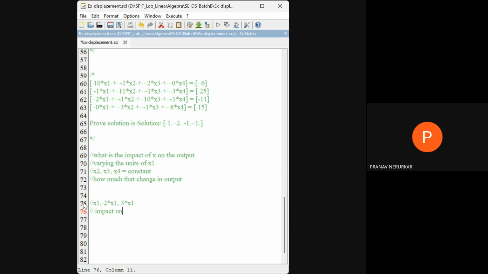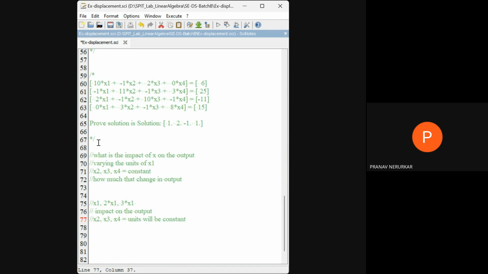But we have to keep the units of x2, x3 and x4 constant here. If that is the case, how much will be the impact on the output?